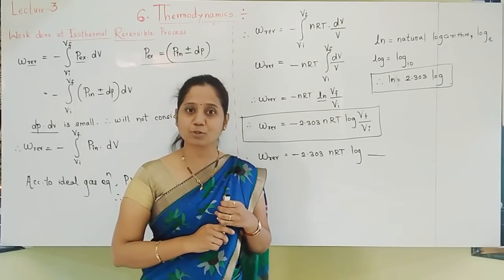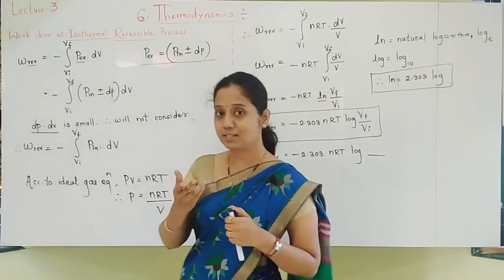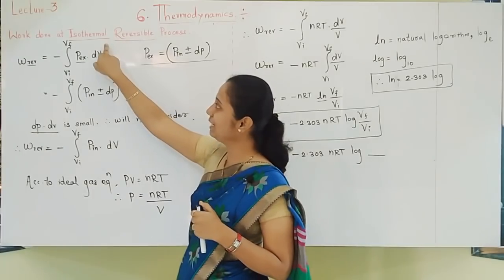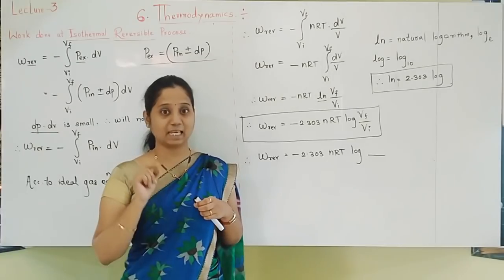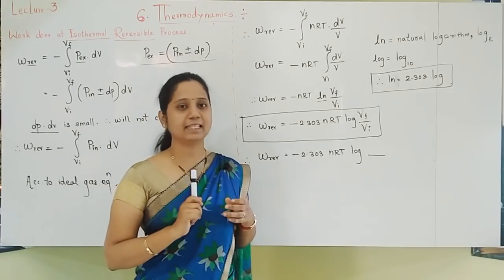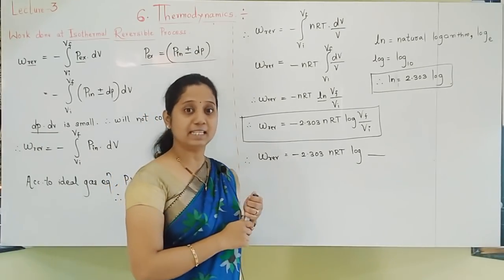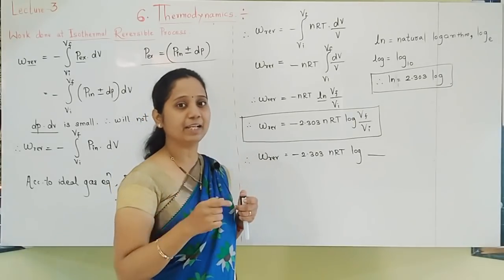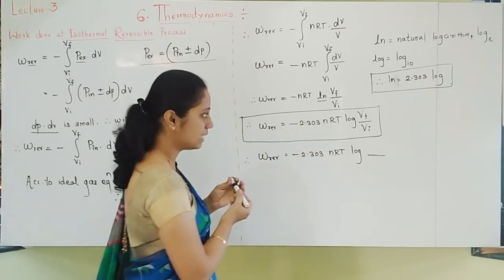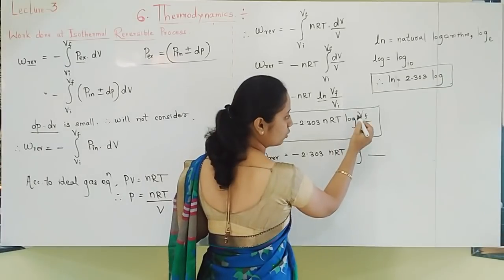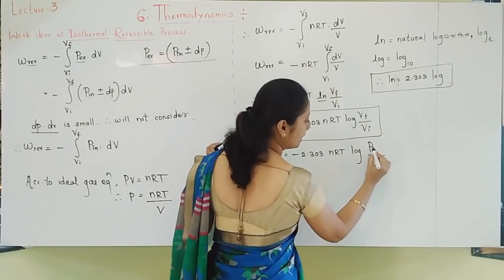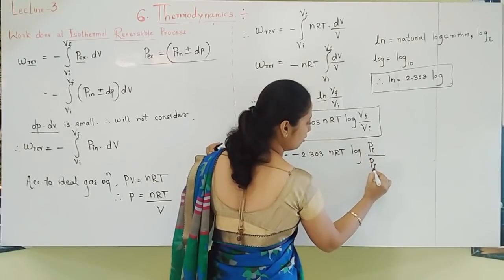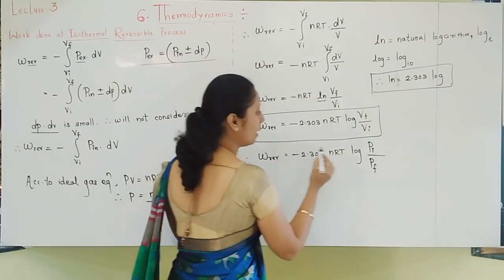Both are inversely proportional to each other, of course, at constant temperature, and that's why here the process is isothermal. Isothermal means temperature is kept constant, and at that time pressure and volume are always inversely proportional to each other according to Boyle's law. That's why inverse relation. So instead of V final by V initial I can write pressure, but here pressure initial, here pressure final. Why?